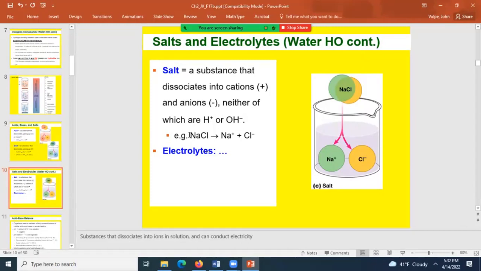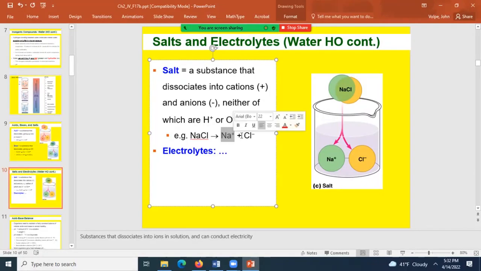So sodium chloride is a salt, and it'll dissociate into sodium ion and chloride ion. And I think you guys all knew that sodium chloride was a salt, but so is magnesium chloride, for example.